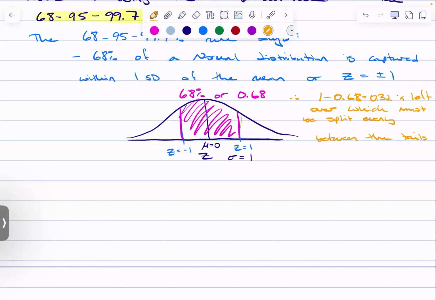So this is 0.32 divided by 2, which is 0.16. And this is 0.32 divided by 2, which is 0.16.